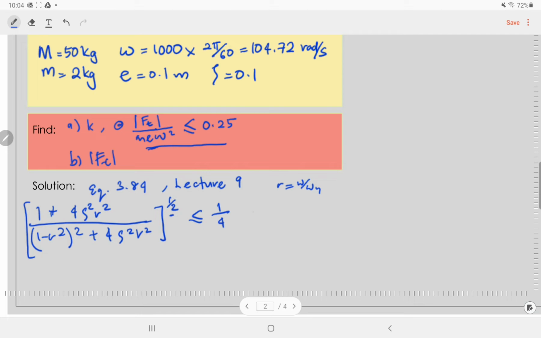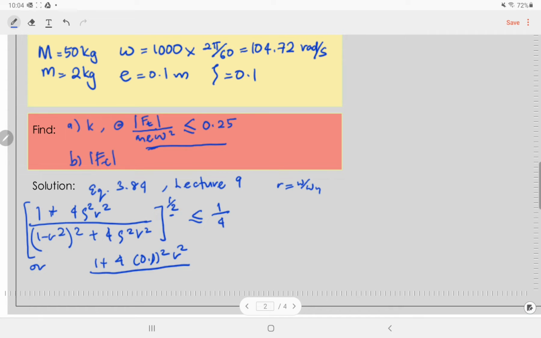So if you want to rewrite that, you can also at the same time substitute. So you have 1 plus 0.1 square r square. Okay, so what you want to do here is basically you want to solve for your r, because you don't have k, so you don't have omega n.